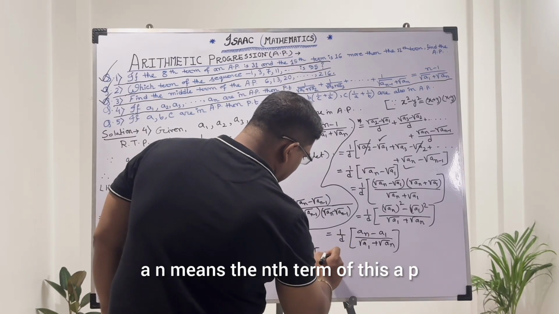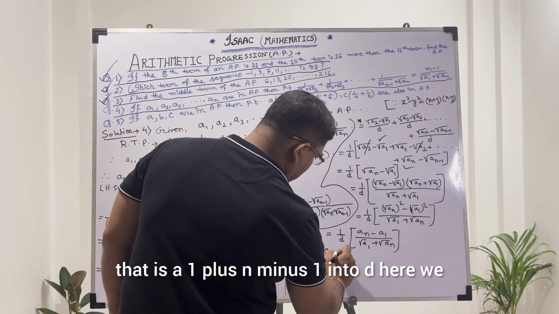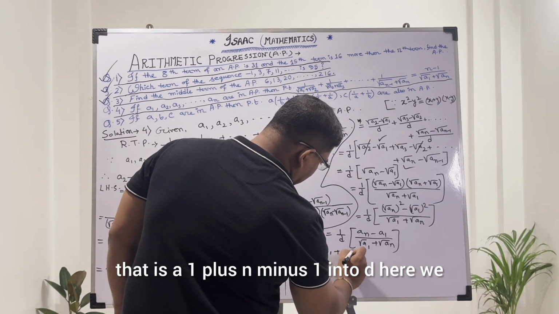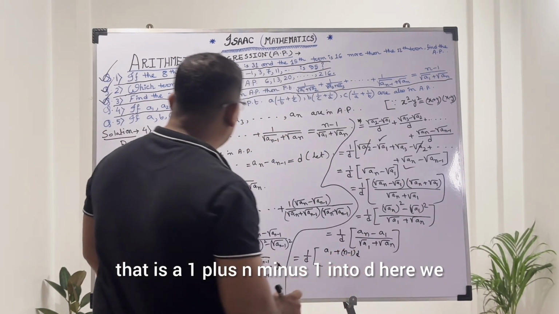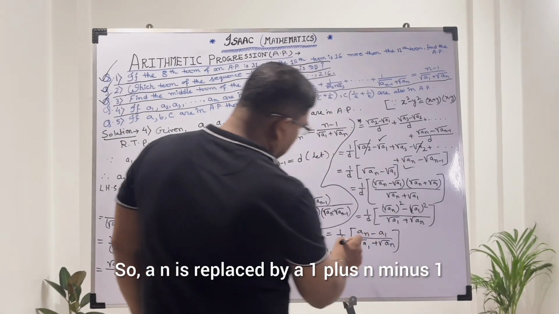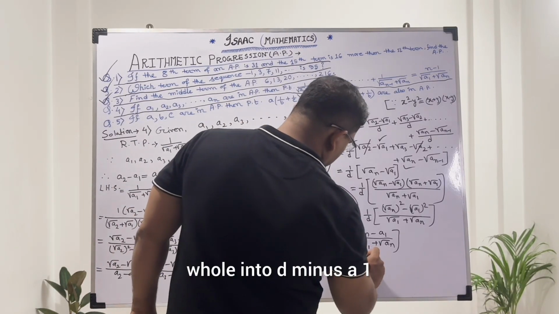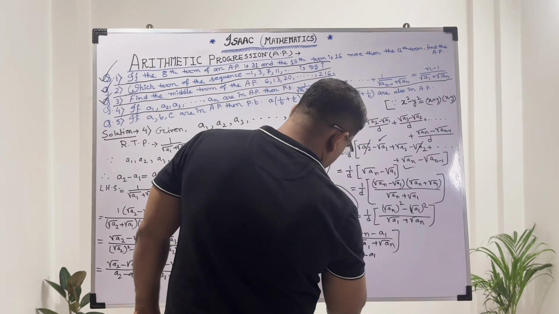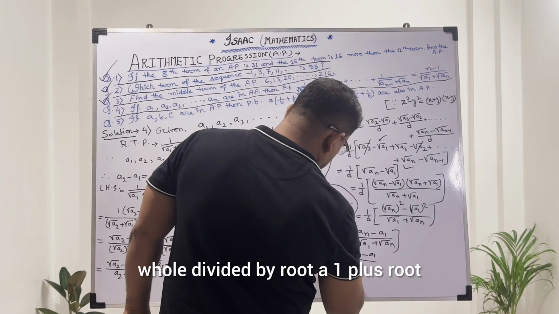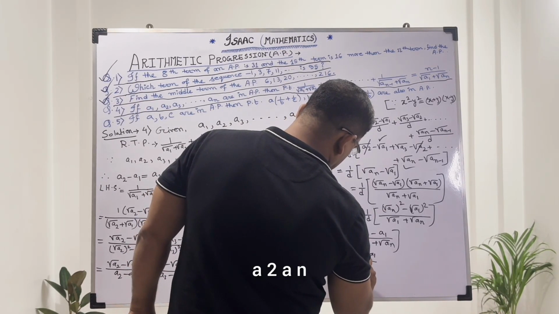AN means the nth term of this AP, which is equal to first term, that is A1 plus n minus 1 into d. Here we consider d as the common difference. So AN is replaced by A1 plus n minus 1 whole into d, minus A1, whole divided by root A1 plus root AN.